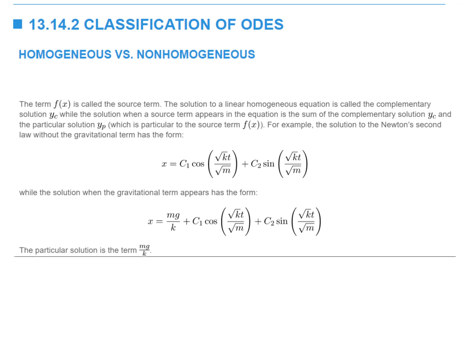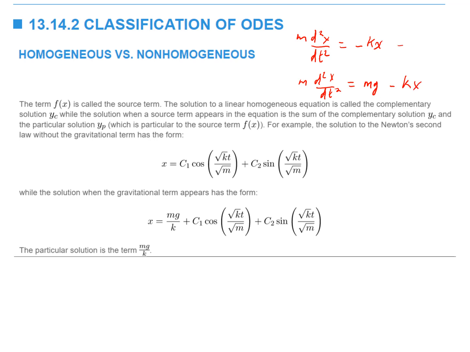So as an example, when we considered Newton's equation of equilibrium applied to a mass, there were two versions of it. The first version was m, the second derivative of x with respect to t, is equal to negative kx, or m d2x by dt squared is equal to mg minus kx.